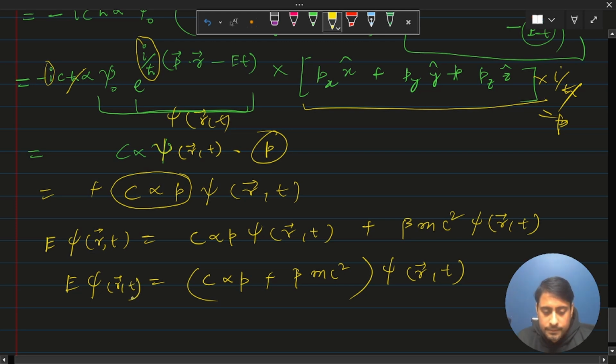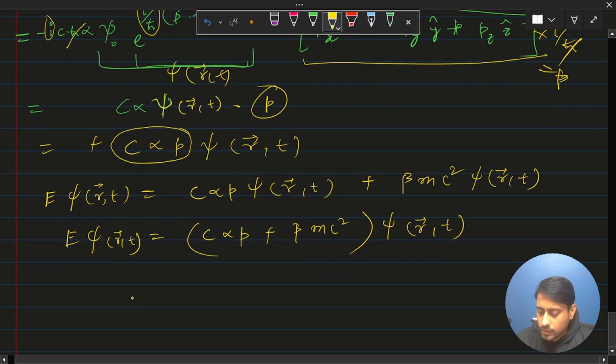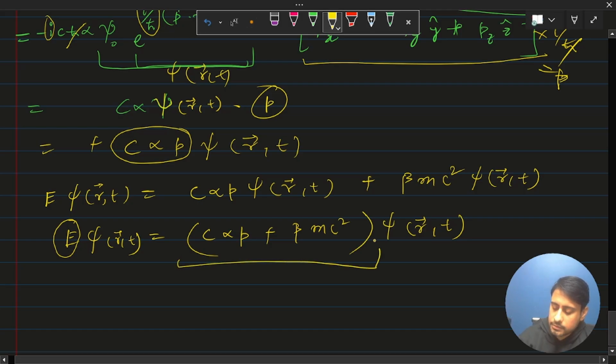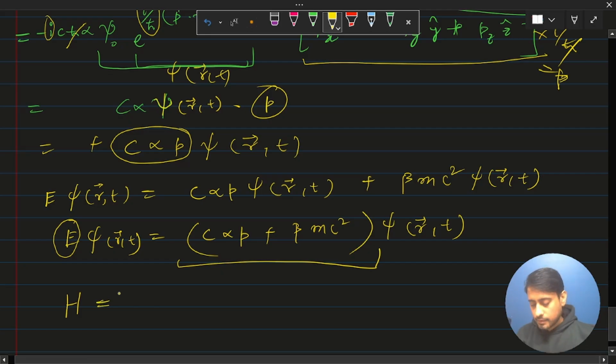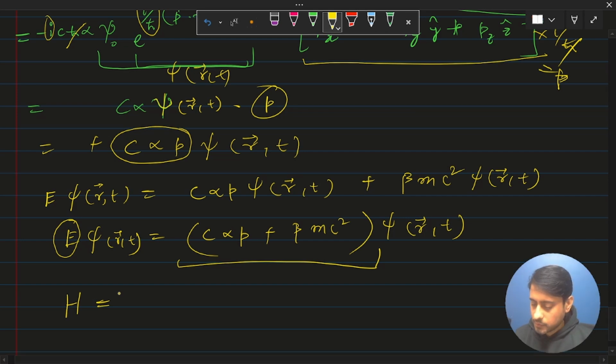Now you can see that the energy eigenvalue you are getting, so this must be the Hamiltonian. You can call it Hamiltonian, because this is giving you the energy eigenvalues. But if you do not want to go into that, you can just say that we are representing it by some h, but you know that it is actually the Hamiltonian.